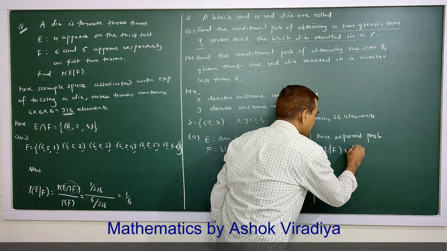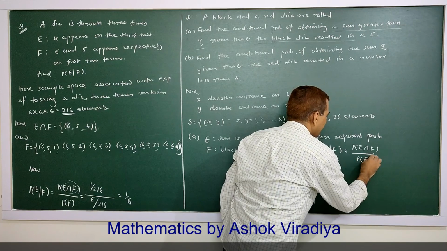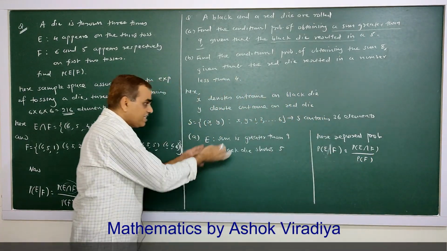So by definition, it is P of E intersection F upon P of F. Now let me find these values.